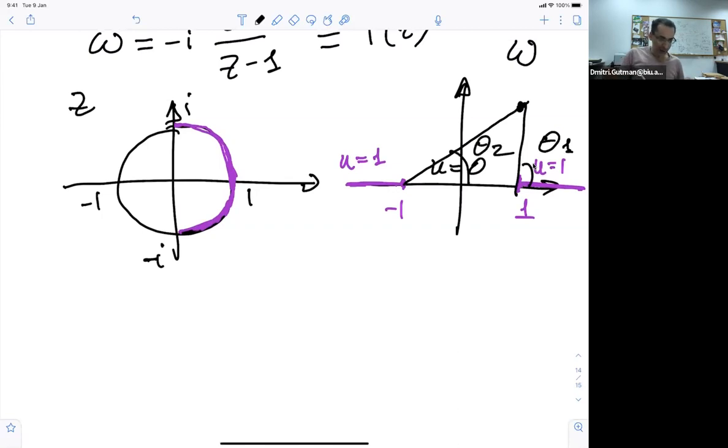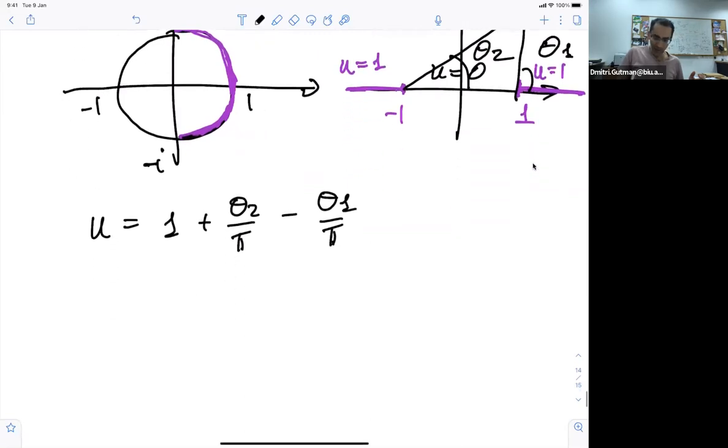And then we need to write a function which is just an appropriate combination of angles, which will be just 1 plus θ2 over pi minus θ1 over pi. And then we translate this function into logarithm.